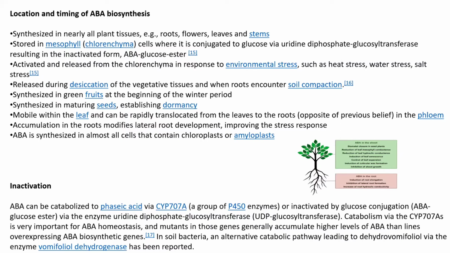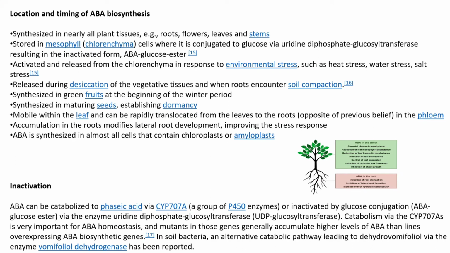The topic is abscisic acid, inactivation of abscisic acid. Abscisic acid is also inactivated by conjugation with glucose to form abscisic acid glucosyl ester. It can be catabolized to phaseic acid by cytochrome P450 707A. A group of cytochrome P450 enzymes are involved, and ABA is inactivated by glucose conjugation. The enzyme is uridine diphosphate glucosyl transferase.